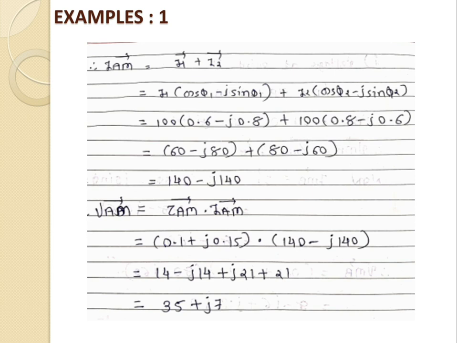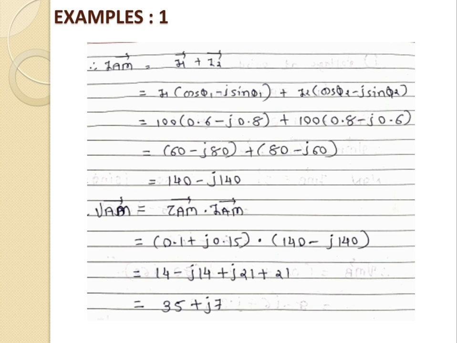Try to write down the equation for the I1 and I2 in terms of cos phi and sin phi. Then the equation becomes I1 in the bracket cos phi 1 minus j sin phi 1 plus I2 in the bracket cos phi 2 minus j sin phi 2. Put the value of cos phi 1 and cos phi 2, so from that we can get the value of sin phi 1 and sin phi 2.